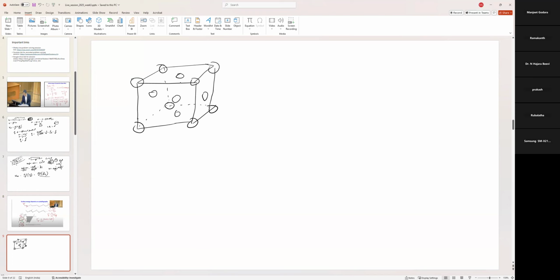So depending on which surface you put the crystal, say a nanoparticle would be a single crystal, and depending on which crystallographic orientation, which crystal plane lies on the surface, it will have different surface energies.